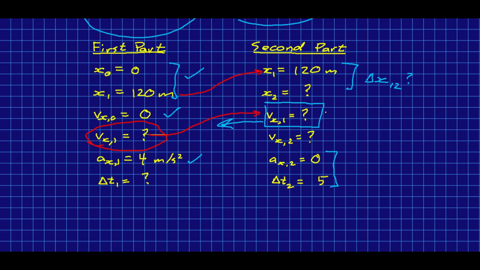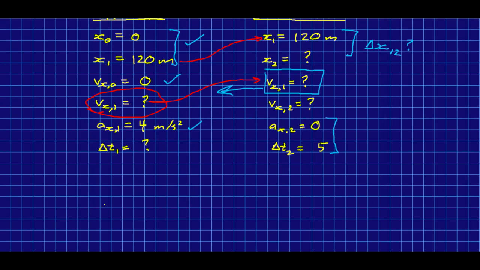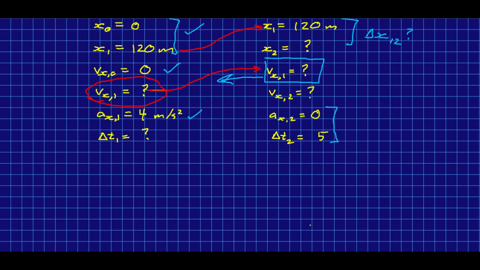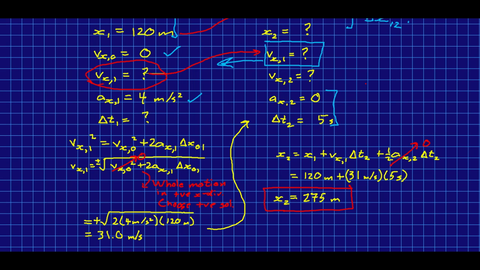And now you want an equation that includes delta x, vxi, a, and delta t. And that would be the one I've called equation 2. So there is the sketch of your solution. I suggest you pause it, work through that, and when you unpause it, I'll show you the worked out answer. So here it is all worked out.